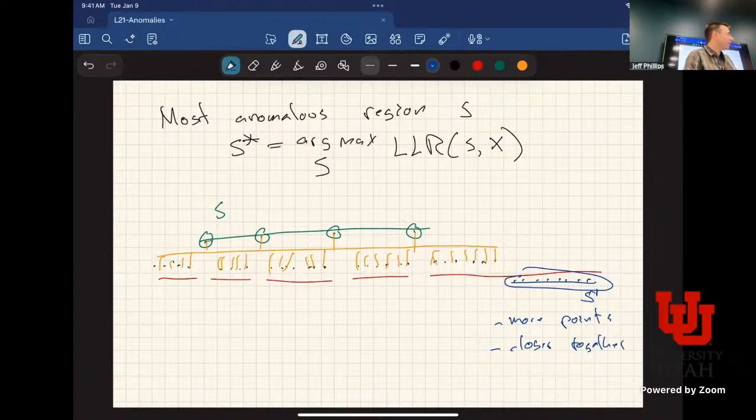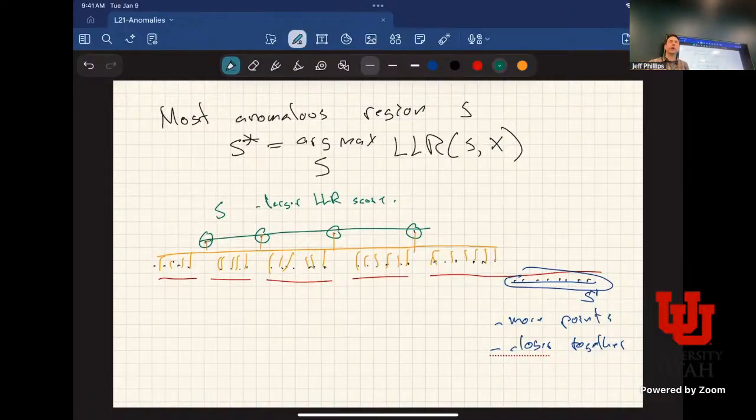In fact, they're kind of consecutive here. And this one has a larger LLR score. Okay. So S has a larger LLR score. S prime has more points and they're closer together.